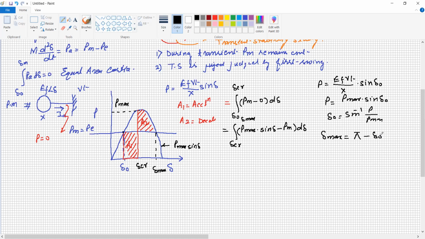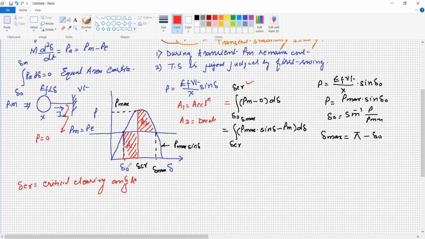So in this way, we know each and every point. So we are able to calculate the value of delta CR. What is delta CR? Delta CR is the critical clearing angle.